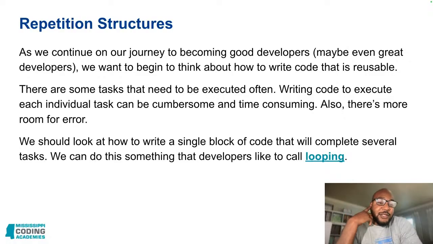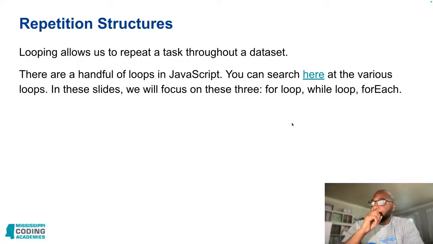There are some tasks that need to be executed often. Writing code to execute each individual task can be cumbersome and time consuming. Also, there's more room for error. We should look at how to write a single block of code that will complete several tasks. And we can do this with something that we call looping.